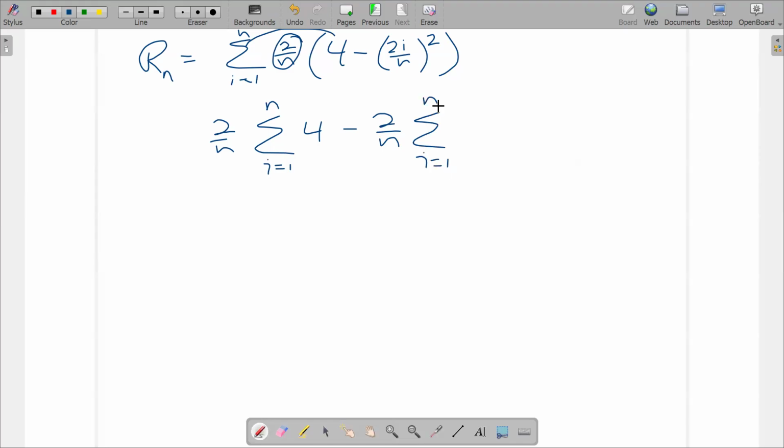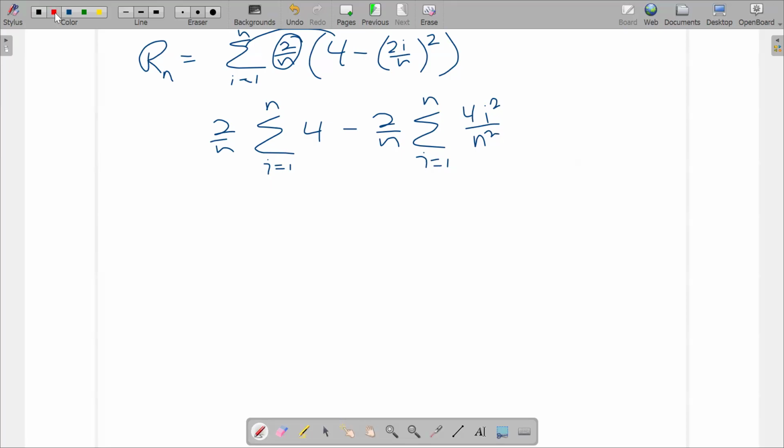Now here, remember i is the only real variable in there at the moment. So I'm going to carry out that square and call that 4i squared over n squared, because then I can pull out the 4 and I can pull out the n squared in the bottom.